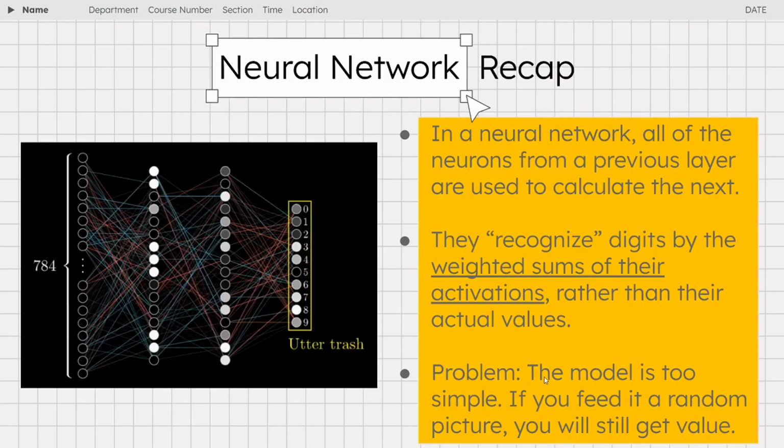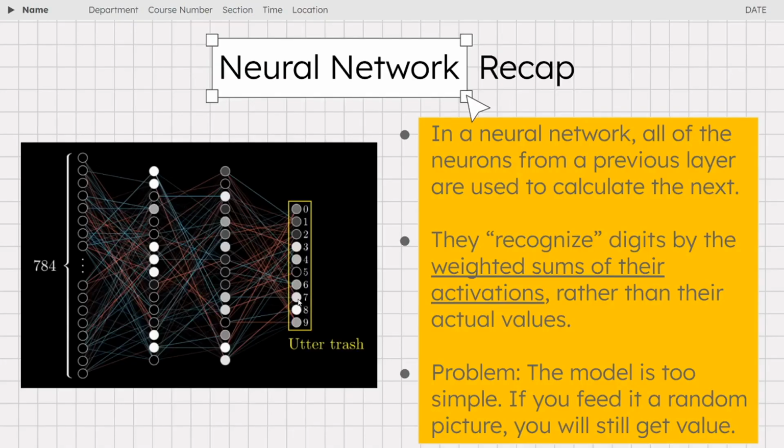But the problem with this is that the model is too simple. If you feed it a random picture, you will still get a value. If you feed it a random image of a zebra, it will still give you an output, for example 6, because they're not looking at the actual values. They're looking at the weighted sum of the pixels, like which pixels are brighter and in what particular location.